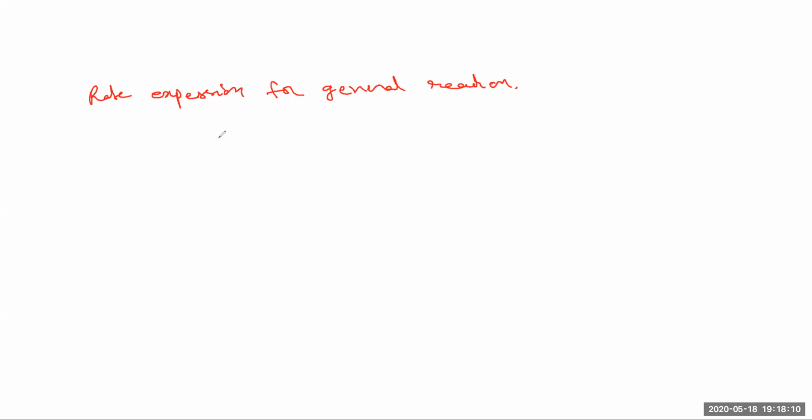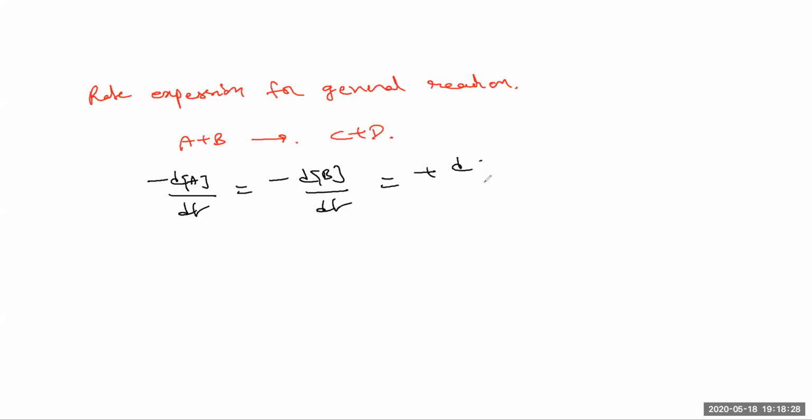Suppose A plus B gives rise to C plus D. What is the rate expression? Minus d of A by dt is equal to minus d of B by dt is equal to plus d of C by dt is equal to plus d of D by dt.